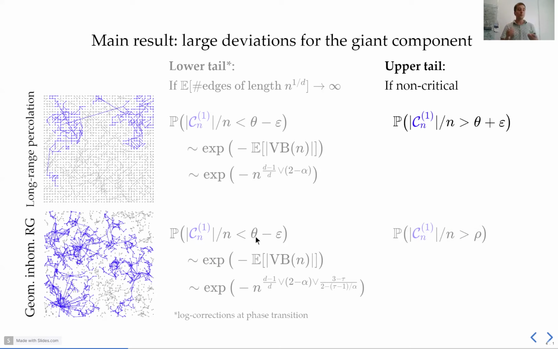So would you expect that for long-range percolation, so if we have some very long edges in the graph, would you expect that this upper tail decays as fast as in the nearest neighbor percolation case, or maybe faster or slower? And I want to put a smiling emoticon maybe for slower decay, and a sad emoticon for faster decay or exponential decay. Or maybe do like a 5-second vote here.